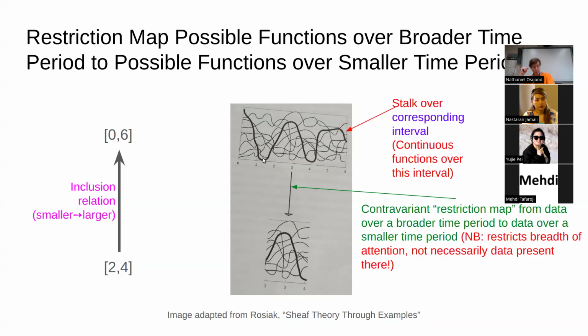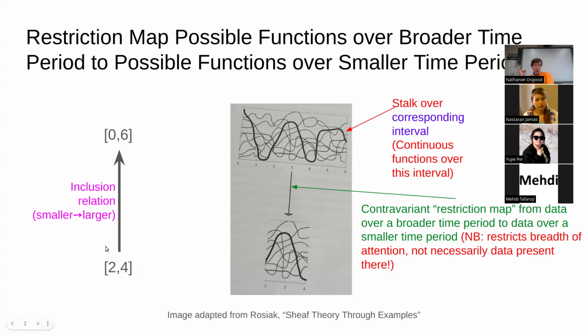And we're considering them over the interval 0 to 6 versus the interval 2 to 4. And maybe this is time, for example. So you could think of these as kind of waveforms varying continuously over the interval 2 to 4, and these as waveforms over the interval 0 to 6, say time.